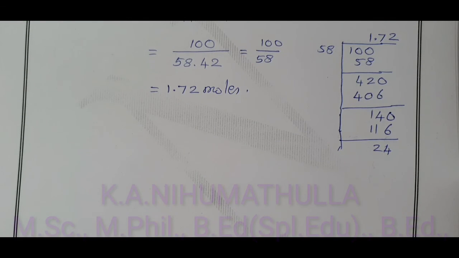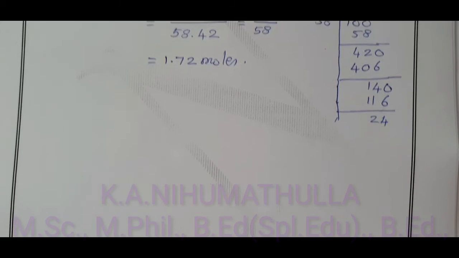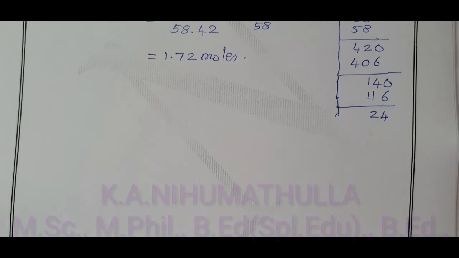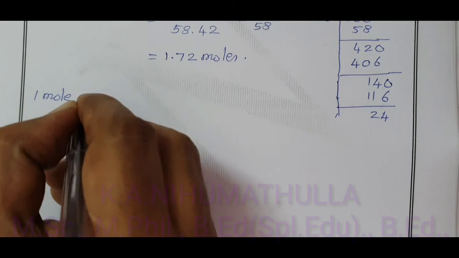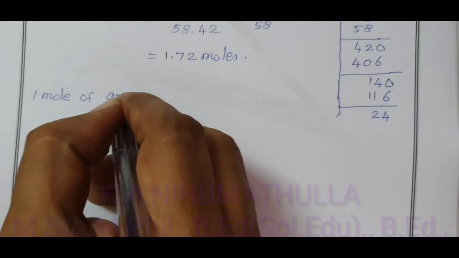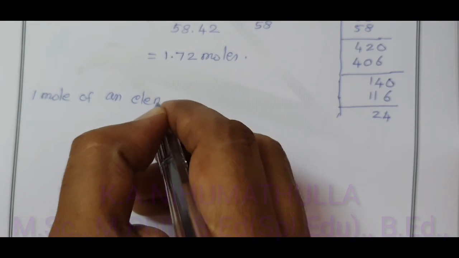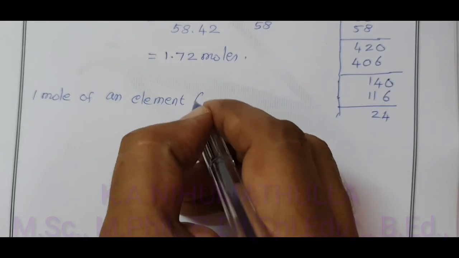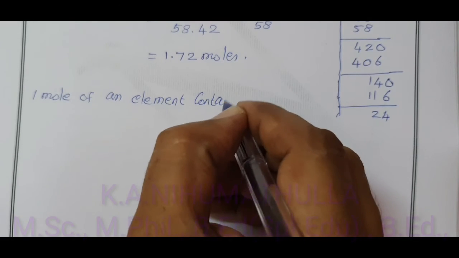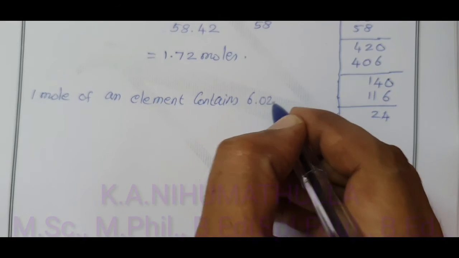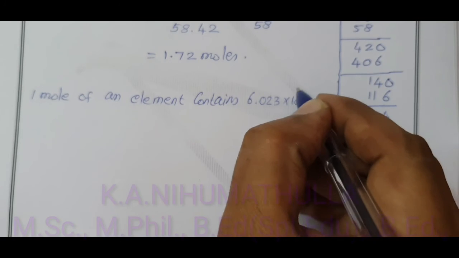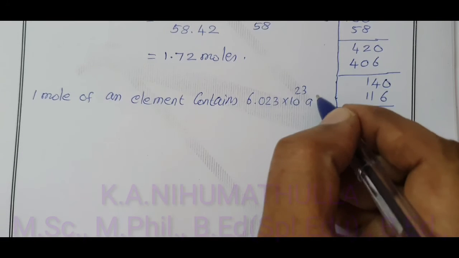How to calculate number of atoms in this? 1 mole of an element contains Avogadro number of atoms, 6.023 into 10 power 23 atoms.